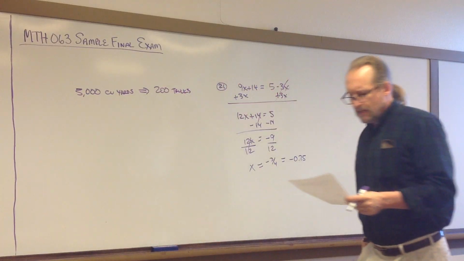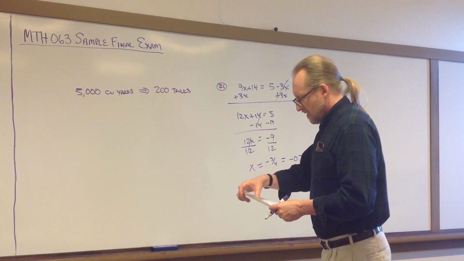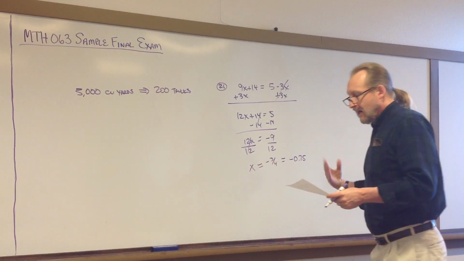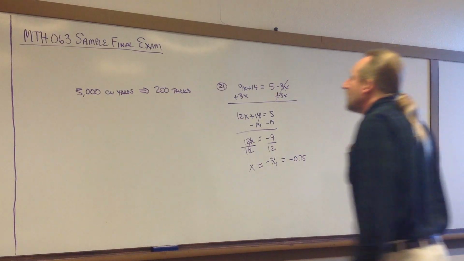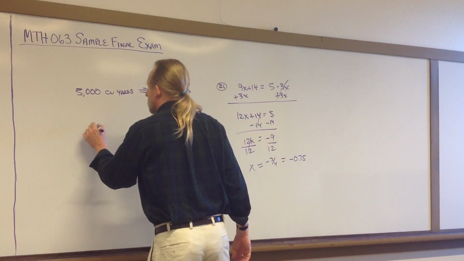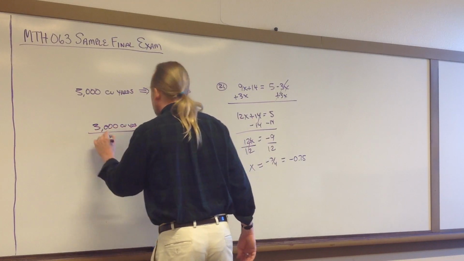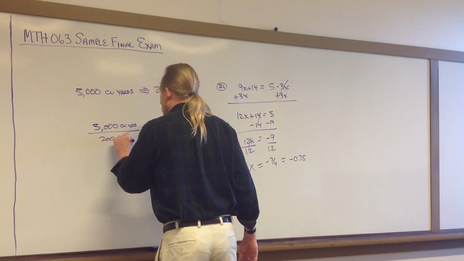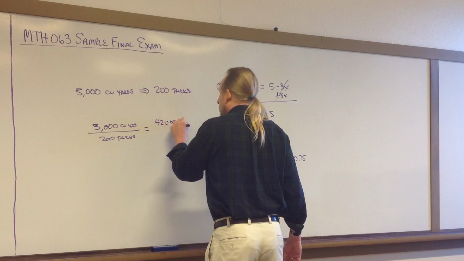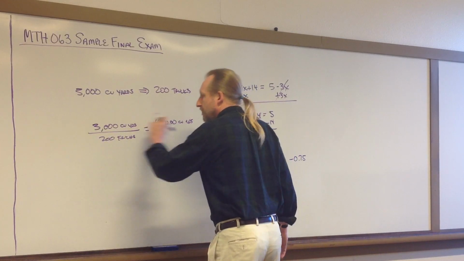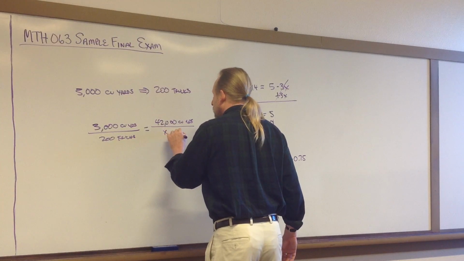A week earlier, we had 42,000 cubic yards come down, and how many dump trucks will we need for that? Okay, so we set up a proportion of, let's say, 3,000 cubic yards, 200 trucks, and now this new slide is 42,000 cubic yards, and notice I match it up with the cubic yards in the other fraction, and then this is what we're solving for.